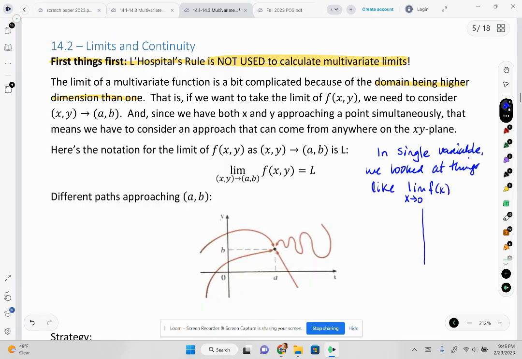If you look at a picture of what that means, we're just concerned with x approaching 0 on the x-axis, so we can approach 0 from just two directions, from the left and the right. That's it. There's no other way to approach 0.